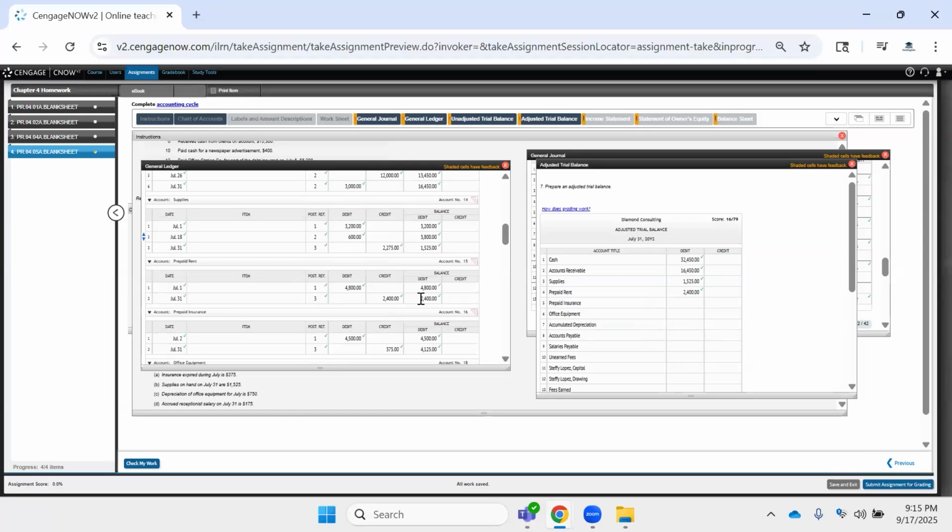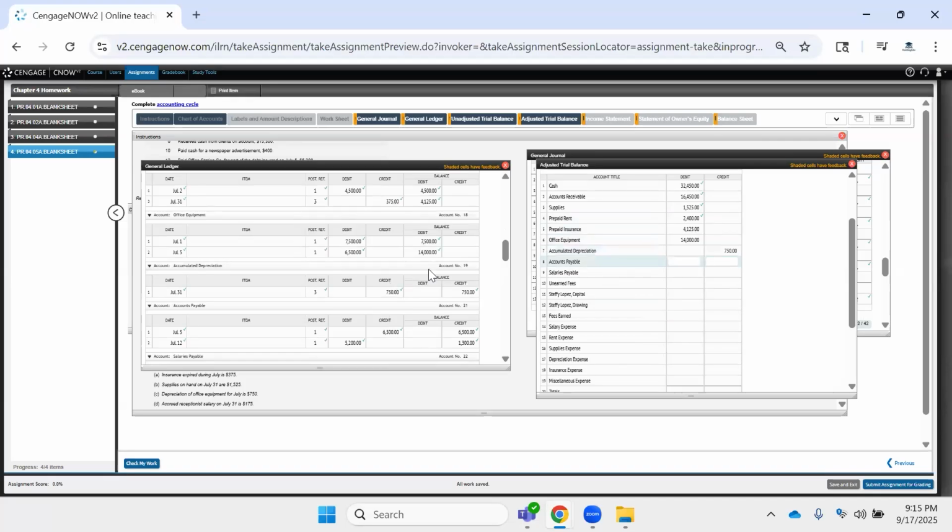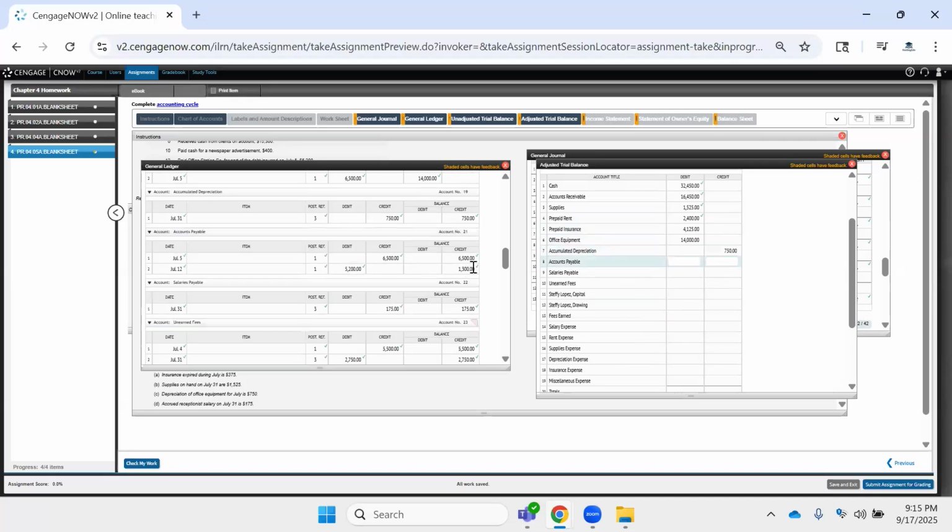Prepaid insurance. Well, first is prepaid rent actually, which we already have, and then prepaid insurance. Office equipment, 14,000. Accumulated depreciation does go in our asset section, but it is a credit. And then we start with our liabilities.